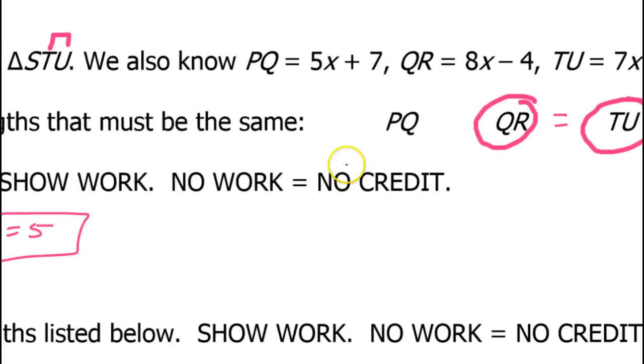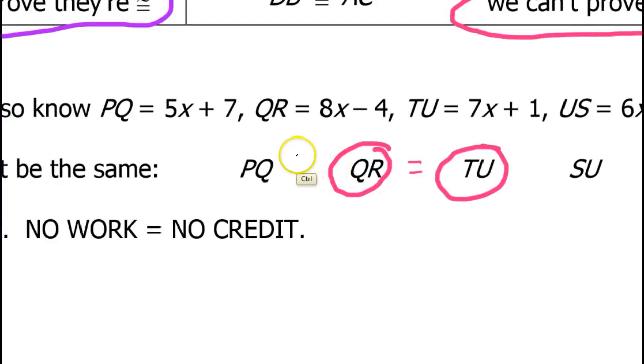So we found x. Let's go ahead and do QR and TU. Remember that x is 5. So if I substitute in 5 right here, then that tells me that QR is going to be 8 times 5 minus 4. That is 40 minus 4, which is 36.